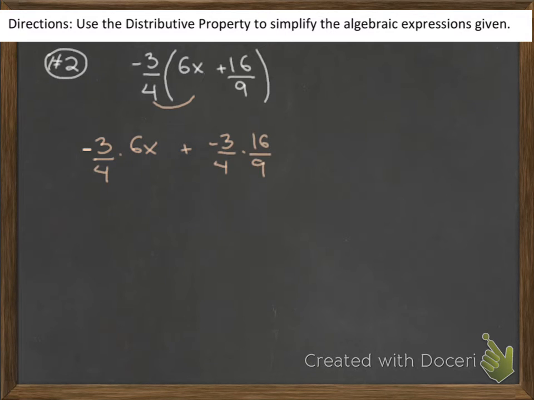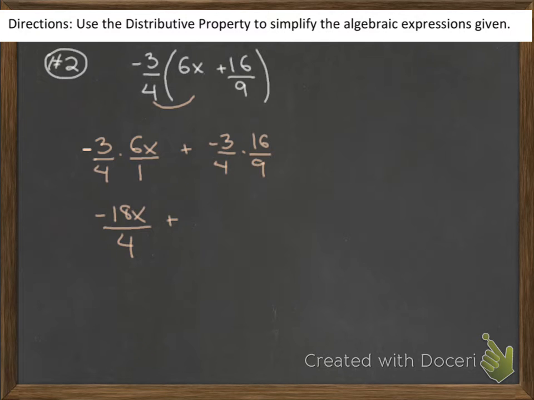And again, sometimes people are bothered by the fact that 6x does not have a denominator. If it provides clarity, you can rewrite it as 6x over 1. It's the same thing. All right, so now we can multiply across. We have negative 3 times 6x. That's negative 18x. And then we have 4 times 1 is 4. On the other side, we have negative 3 times 16, and we have 4 times 9.